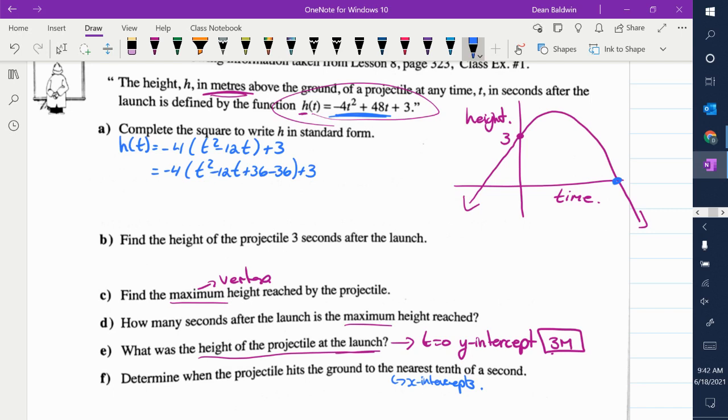Which one comes out? Negative, what do you have to remember? Multiply by negative 4. Negative 36 times negative 4 is? 144.